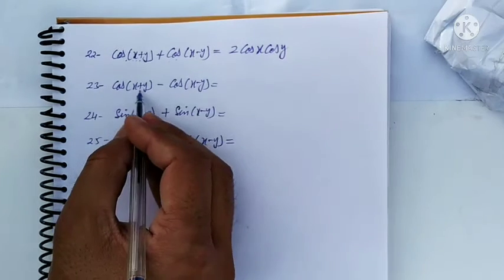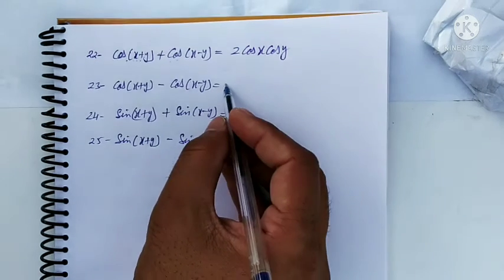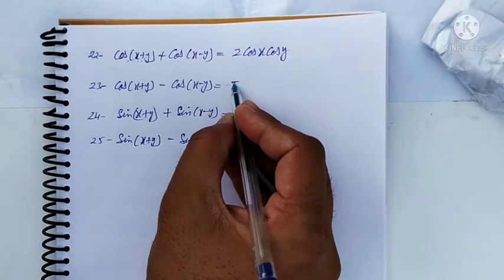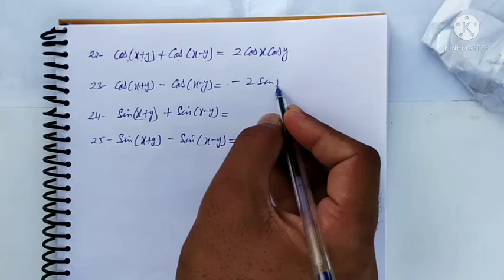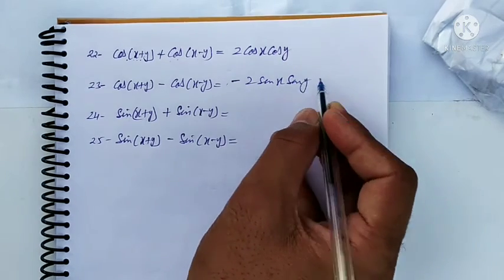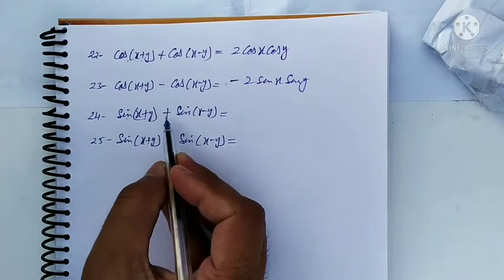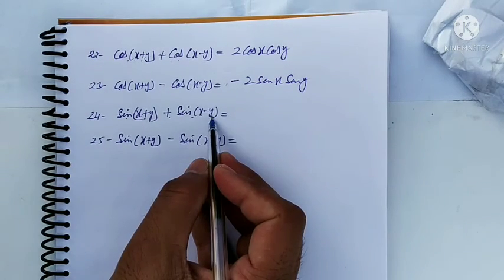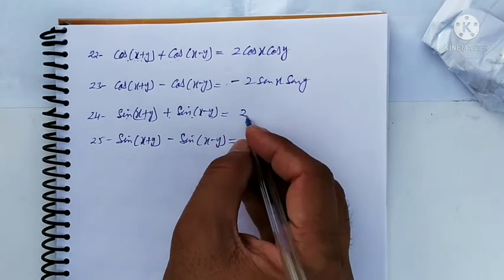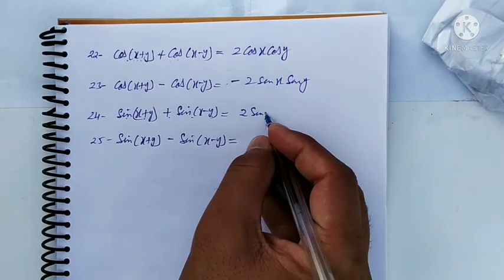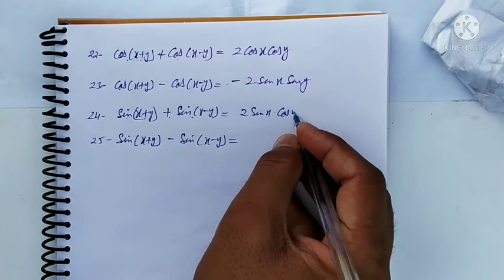Then cos x plus y minus cos x minus y, if you open, you will get minus 2 sin x sin y. Then sin x plus y plus sin x minus y, if you open the formula, you will get 2 sin x cos y.